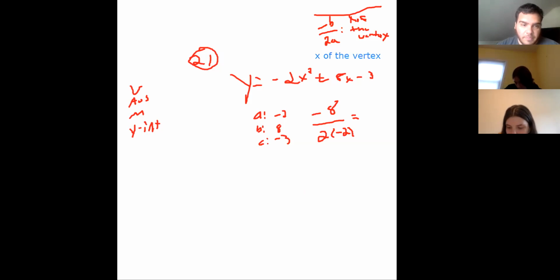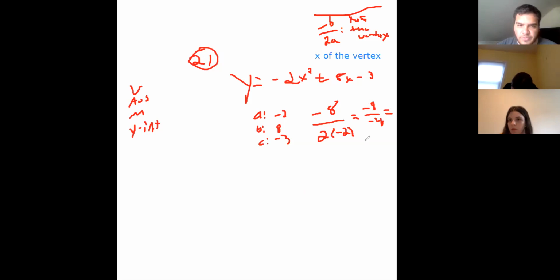So it says in step 2, plug in and solve negative b over 2a for the x of the vertex. So the x of the vertex is -8 over 2 times -2, -8 over -4.